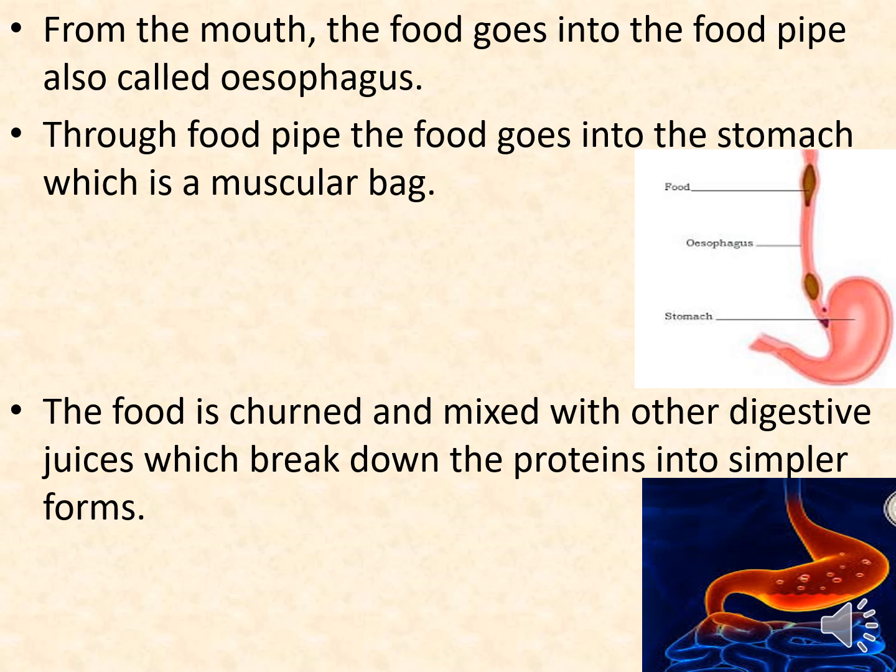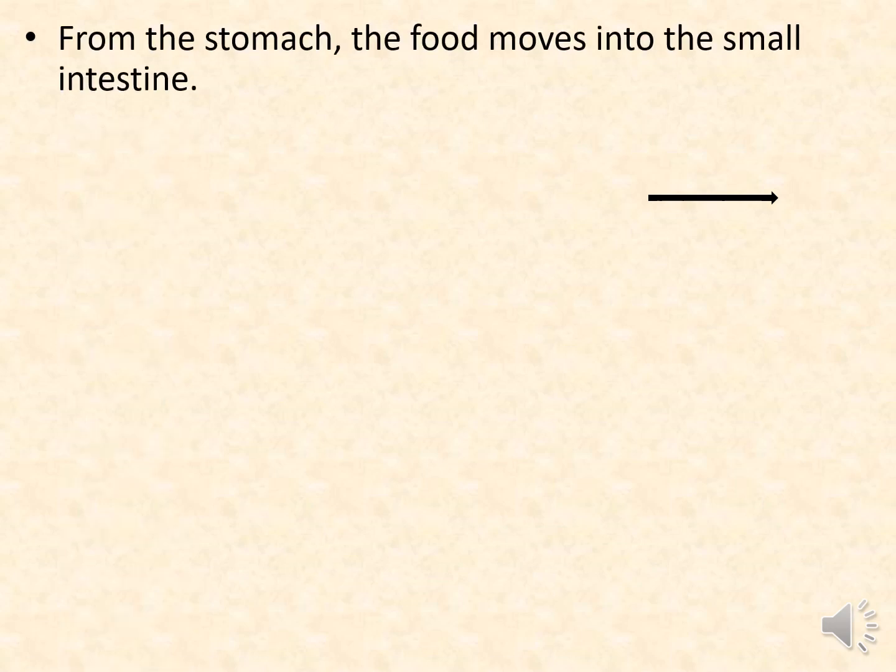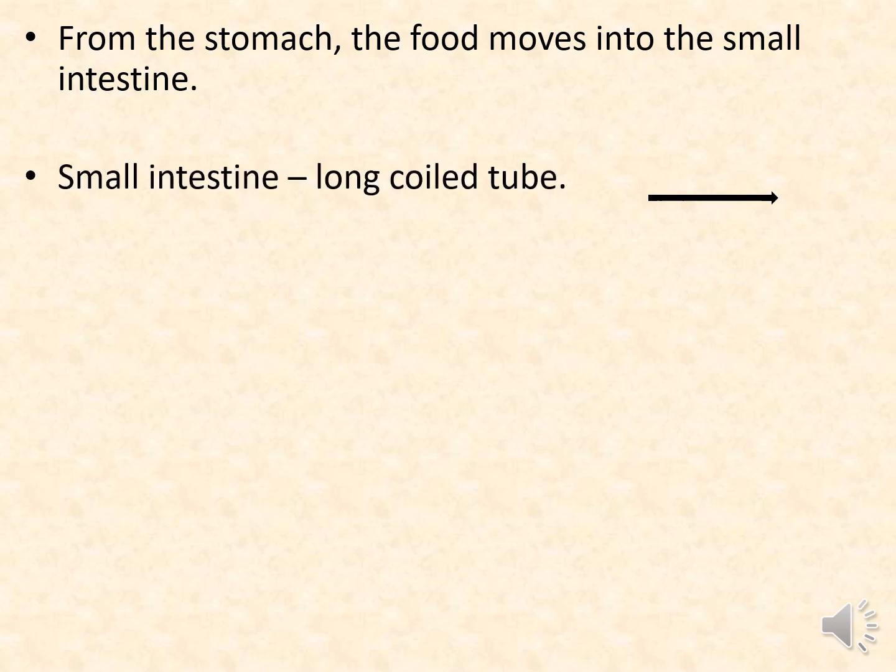You can see in the diagram the liquids, that is, the juices, and then the stomach is connected to some coiled tube. After the digestion, the food goes into the small intestine. From the stomach, the food moves to the small intestine. That is the inner intestine, which I explained earlier. The small intestine is a long coiled tube. Coiled means twisted.